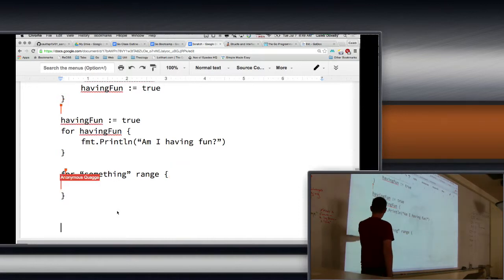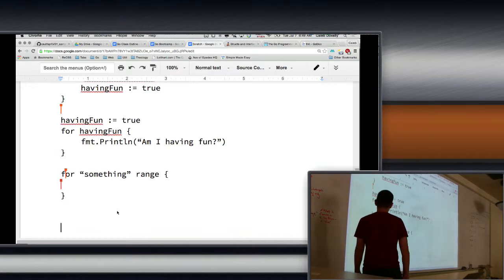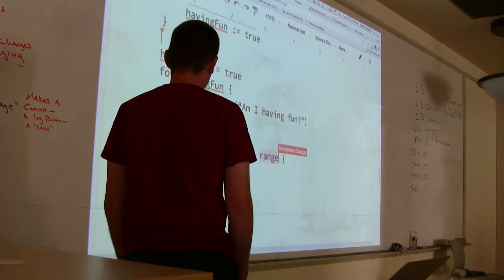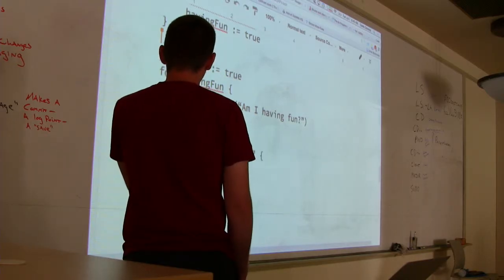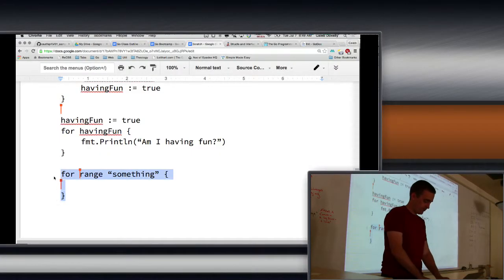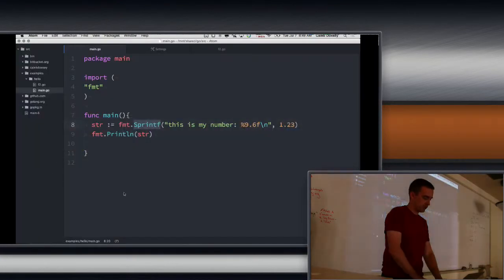Okay, so range comes before, not after. This is an interesting question what that's going to do. So let's try it and see. I don't know if this is actually going to work.